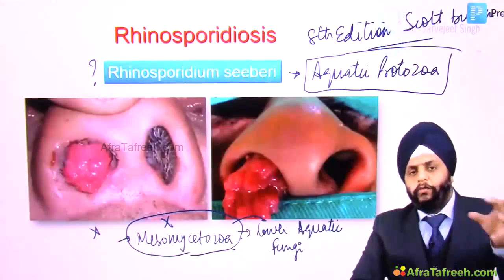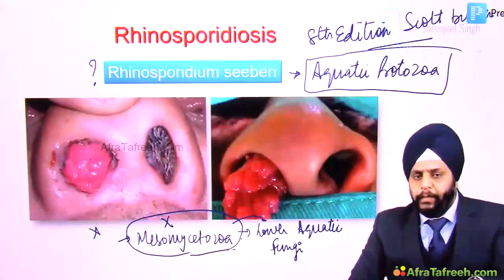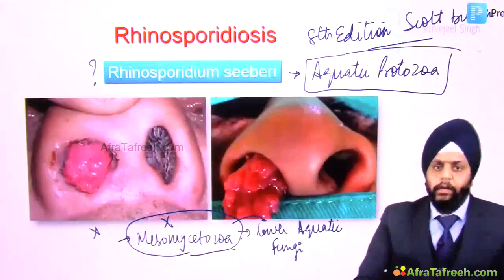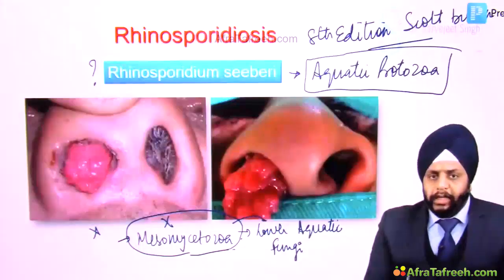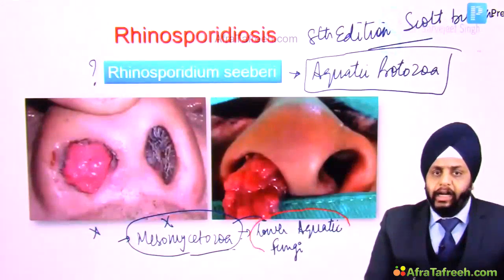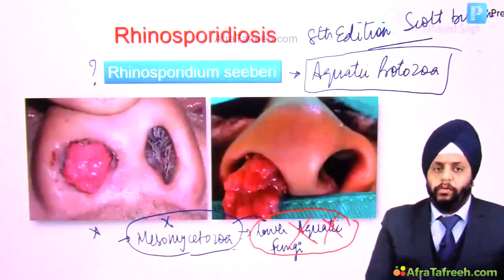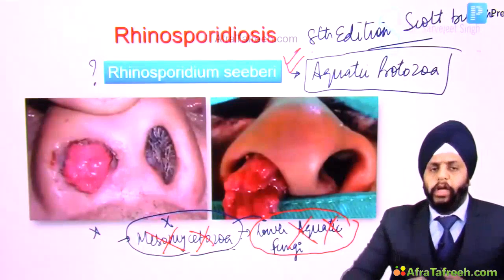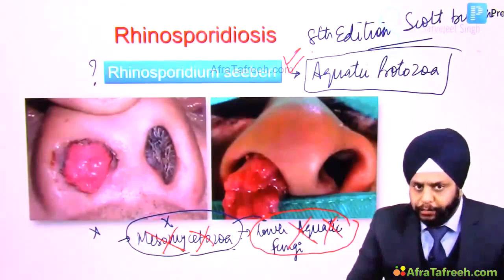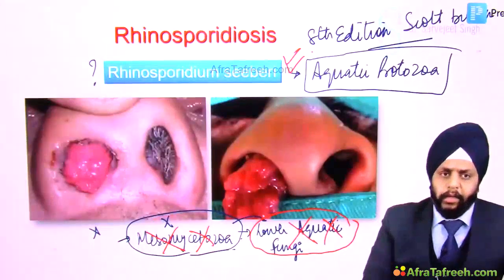So it was taken out from there and placed in aquatic fungi once again. Okay, but now it has been proved that its DNA is 100% similar to aquatic protozoa. So now it is an aquatic protozoa.